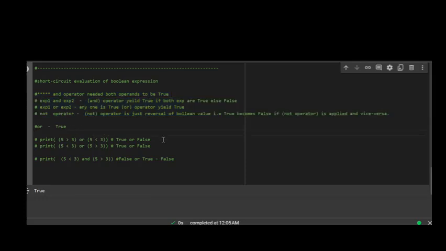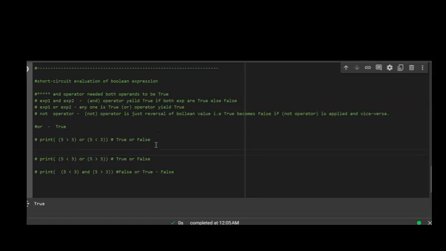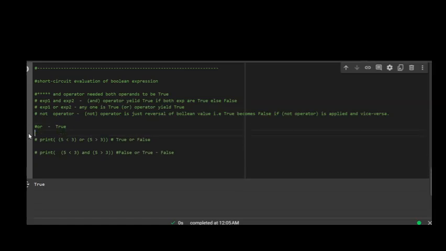Now we have two statements, just look carefully. One is with or and one is with and. Let me just remove the other one as well, and now we understand what short circuit evaluation is, and it's very nice, right? Let's understand that.